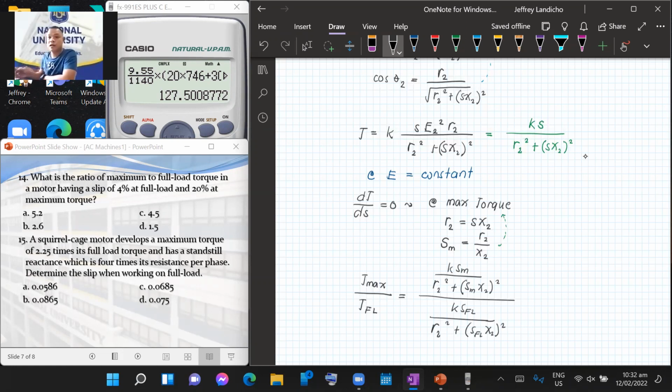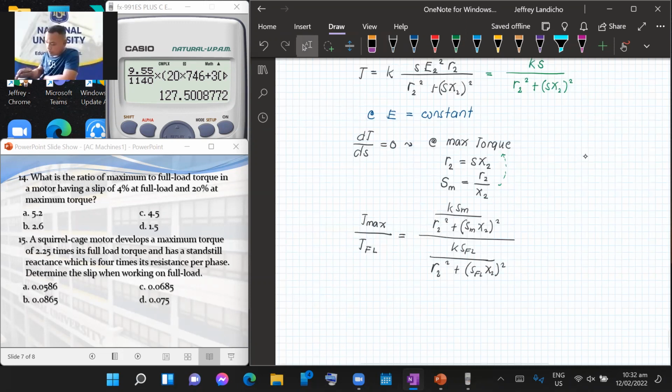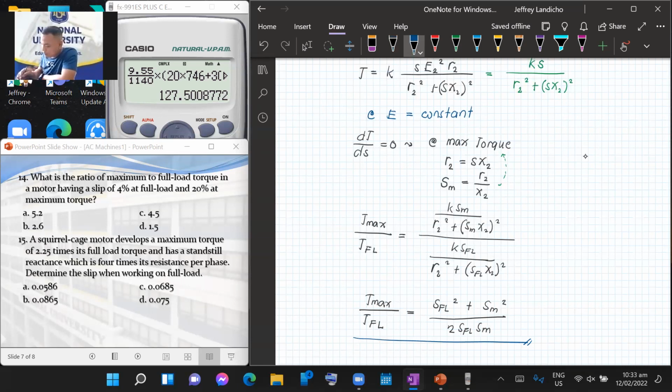So, gamitan mo ng algebra yan, hindi ko na isi-simplify, ito ang lalabas na value. Try mo i-derive, gamitan mo lang ng algebra, simplified lang yan. It would be equal to a slip at full load squared plus a slip at maximum squared divided by 2 S at full load times S of M. So this would be now the ratio of maximum over full load.